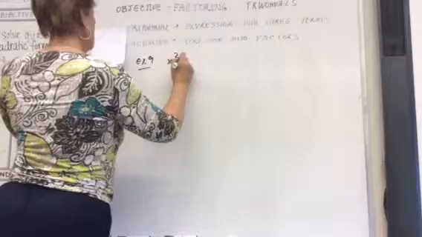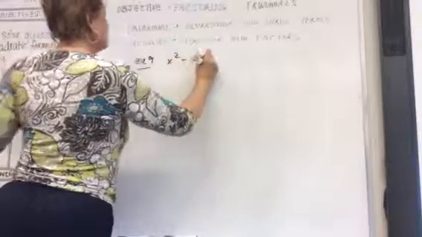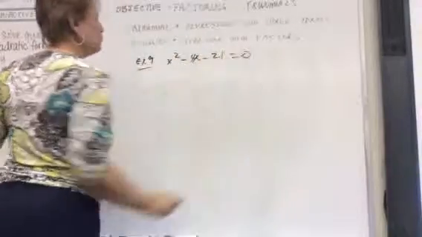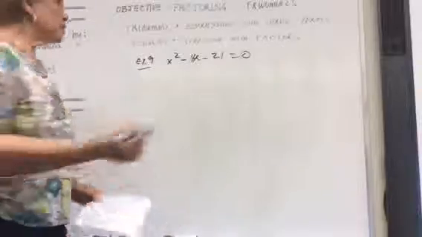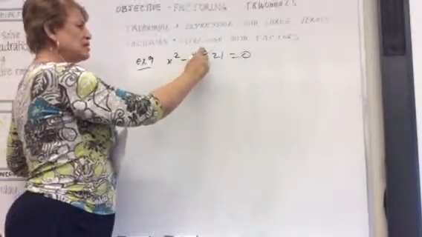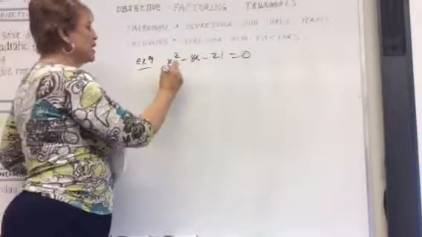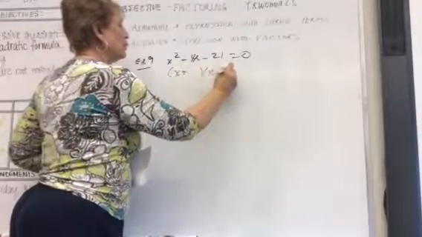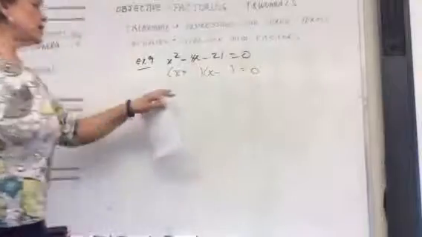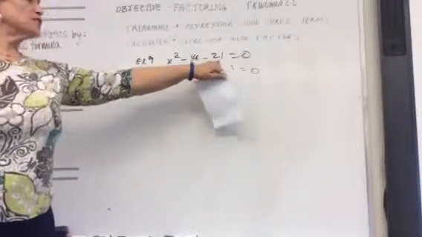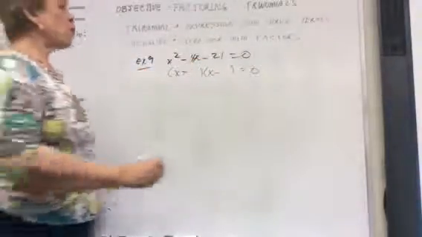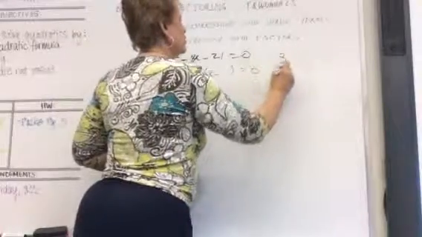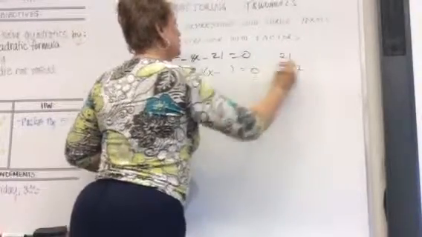x squared minus 4x minus 21 equals 0. All right, we're just going to go through this. Start in the back for my signs. It is a subtraction sign, so my signs are different. Okay, now what factors of 21 do I subtract and get 4? It's going to be 3 and 7.